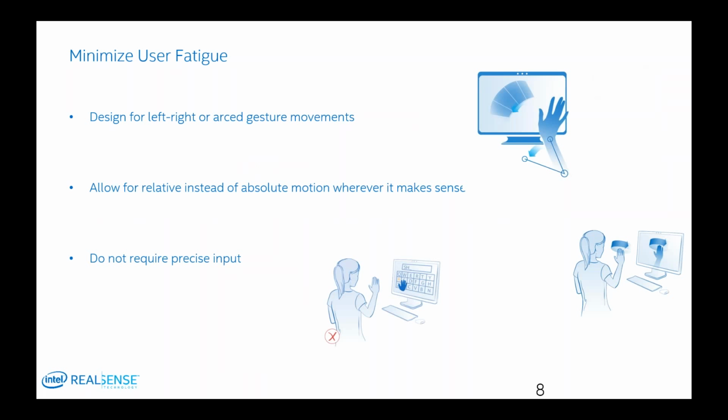Also, in many cases, it's really better to design for relative interactions instead of absolute interactions. When it's relative, you can have quite small moves that will be reflected by big moves in your application or on the screen.